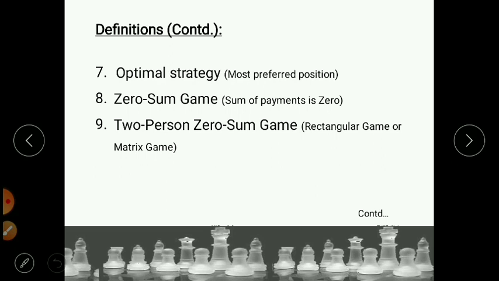So if any specific player wants to be at a particular place in the game, irrespective of the strategies played by the opponent, then that strategy can be called an optimal strategy.